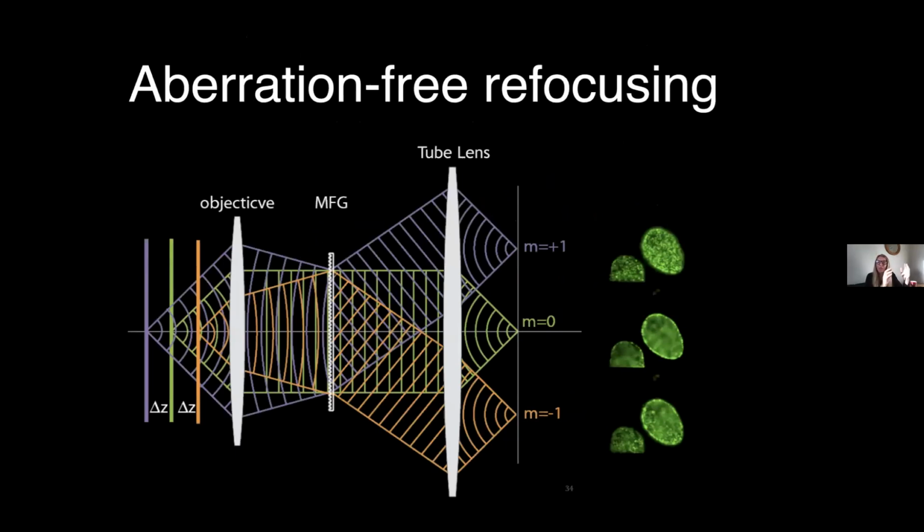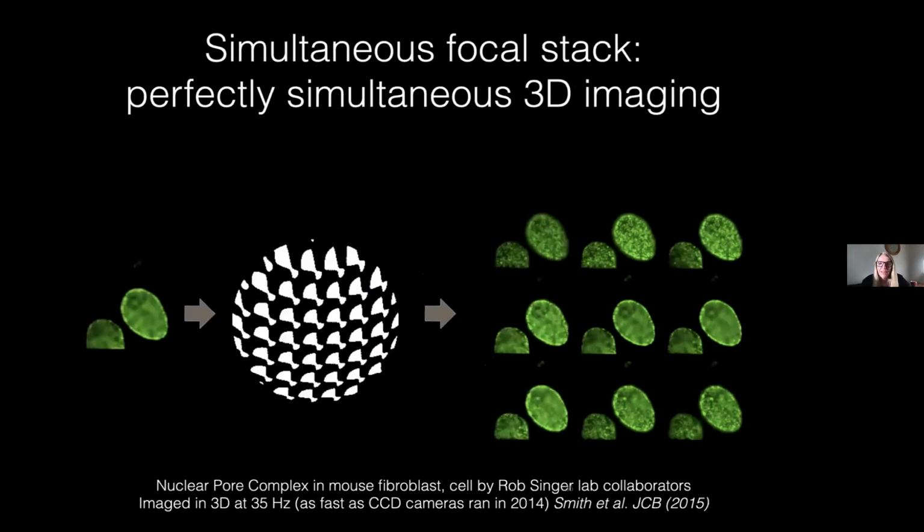So here we have multiple focal planes in the sample, coming through the imaging system, the objective, going through the diffractive optics, multiplexing out, and each image has a different focal plane. So that is the principle of this imaging technique. And here we can see the distorted pattern. It has that grating function that we designed to distribute light evenly into these 9 images.